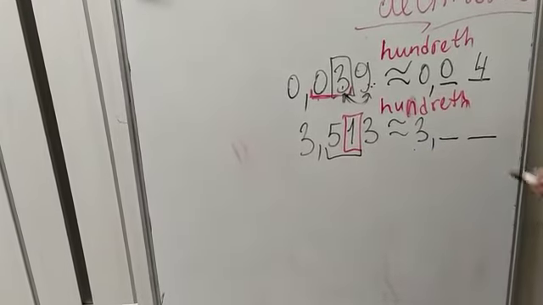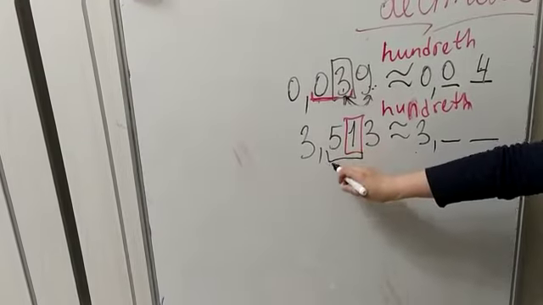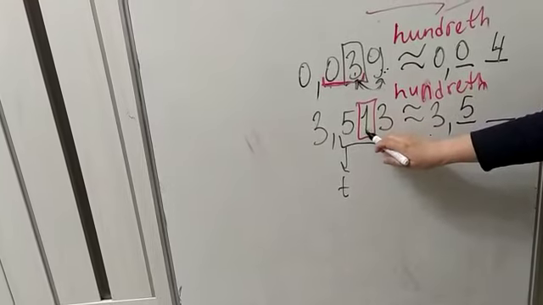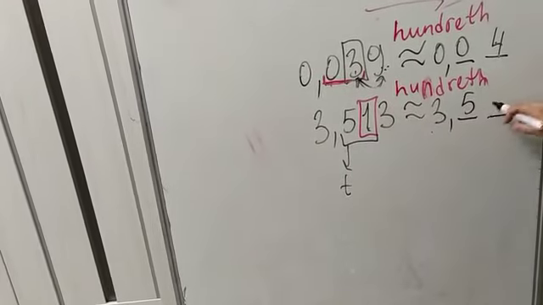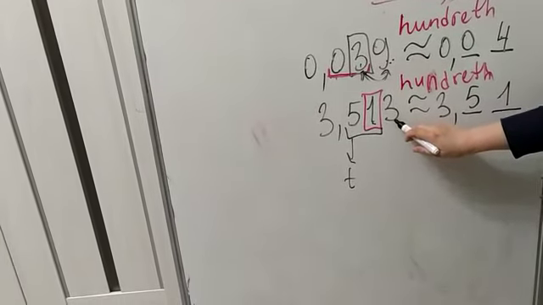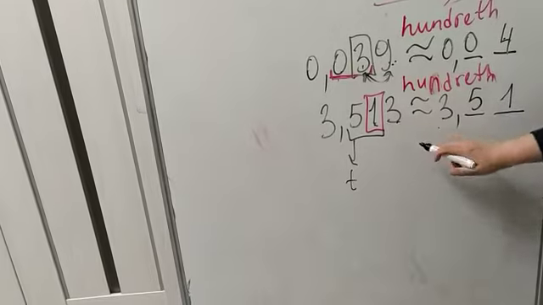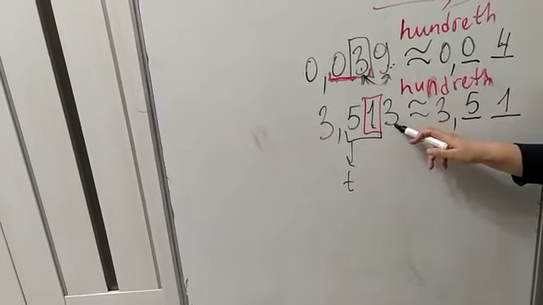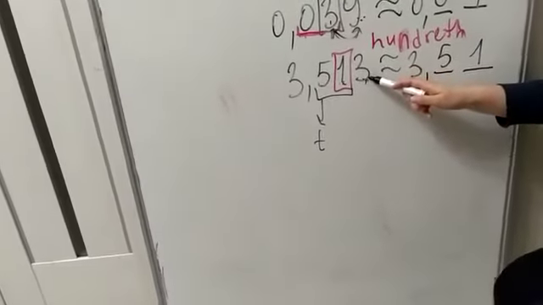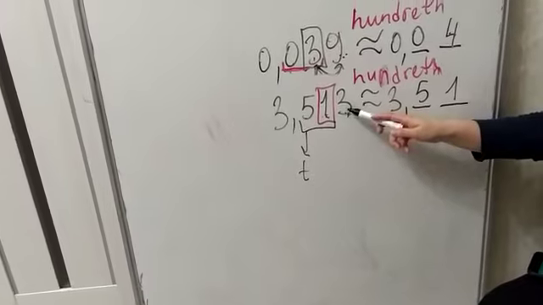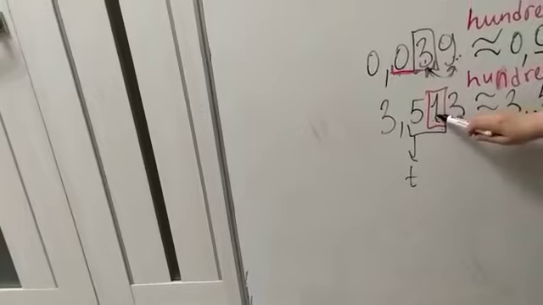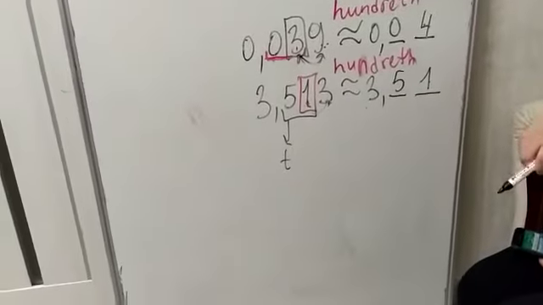So 3 point something and something. 5, the first number, is the tenths, so we rewrite it. The next number 1 we write as a 1. Why? Because the next number is 3, and 3 is not equal to 5. We said that the next number must be 5 or bigger to help the previous number. So 3 is not a rich number. Rich numbers are numbers bigger than or equal to 5. So 3 cannot help 1, and 1 will not change.